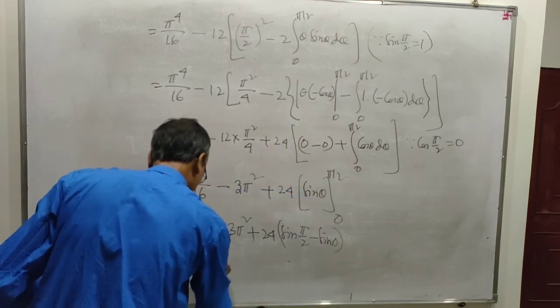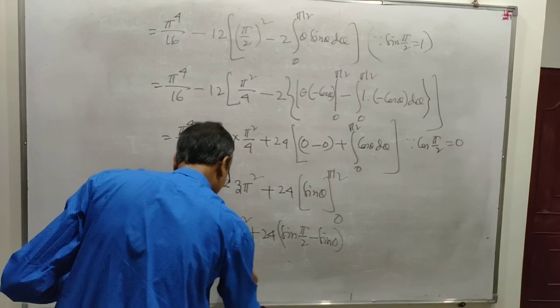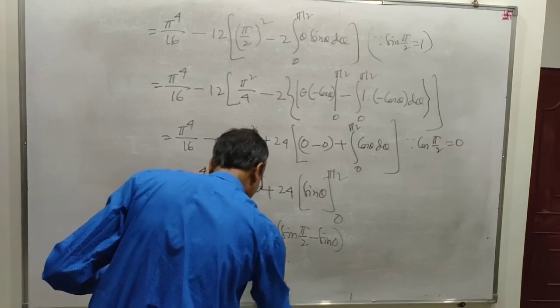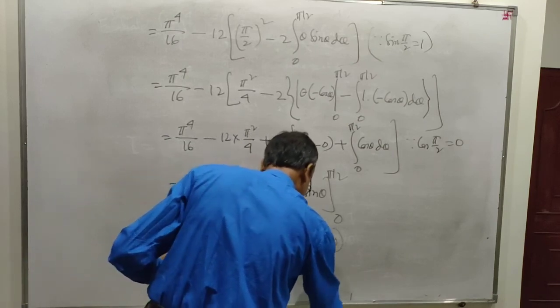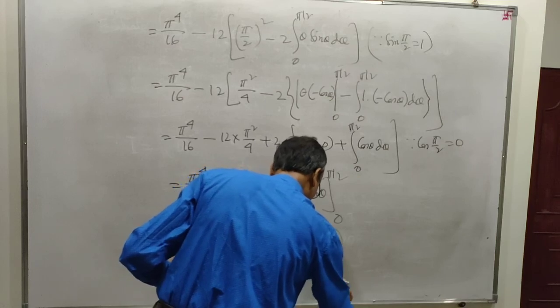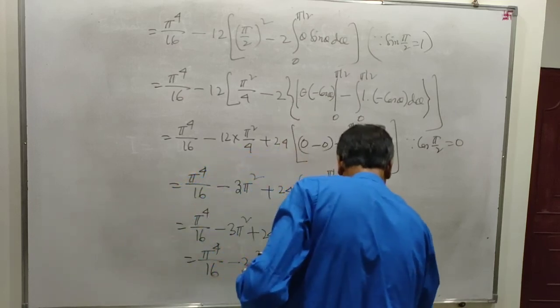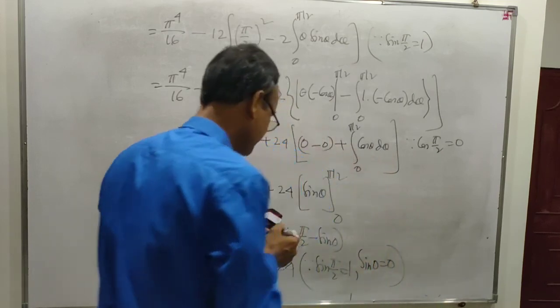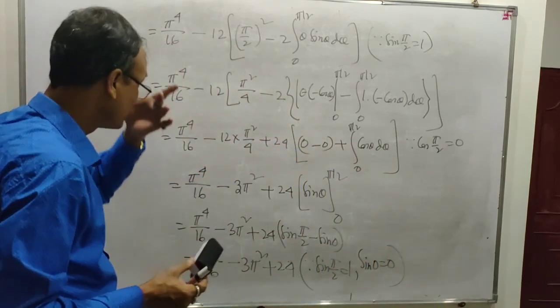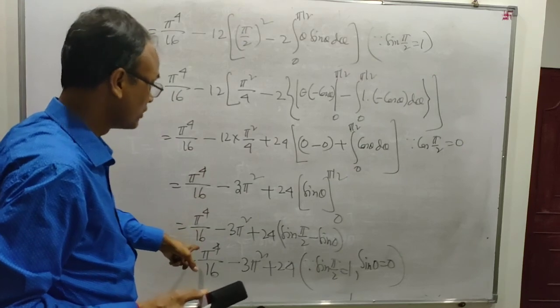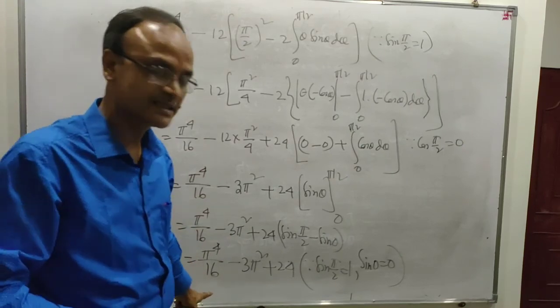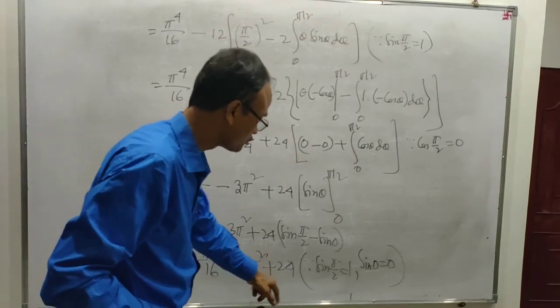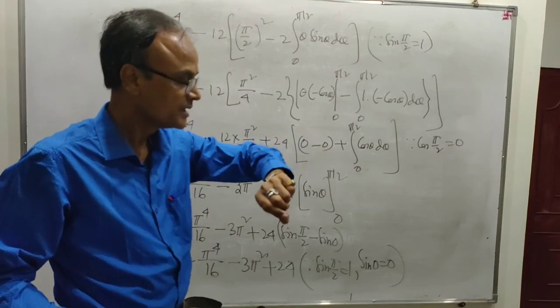Since sin pi by 2 equal to 1 and sin 0 equal to 0, the value of the integral will be pi to the power 4 by 16 minus thrice pi square plus 24. This is the answer.